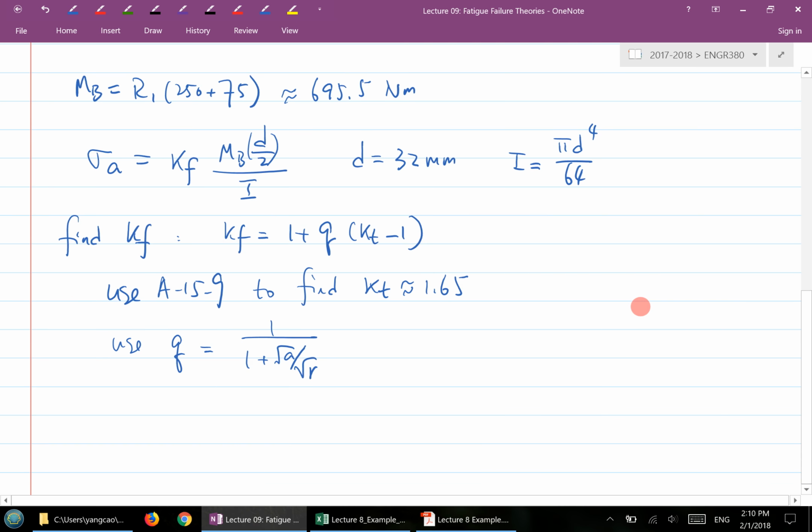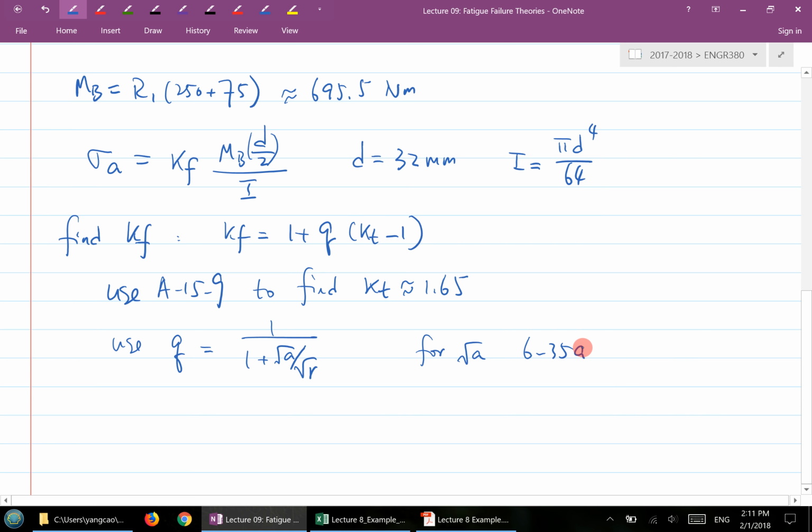It's a constant, called the Neuber constant. There is a fairly long formula for this root a. There are two formulas: one for q, and the other for q shear. Since this is bending and not torque, you need to use the bending formula.